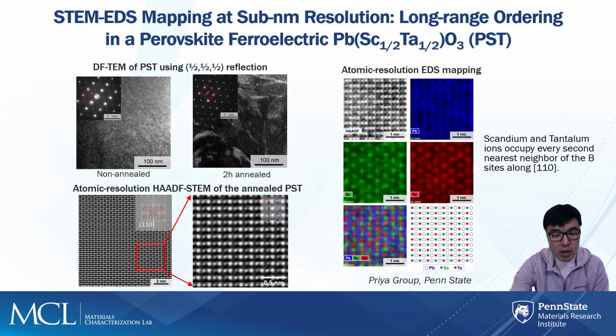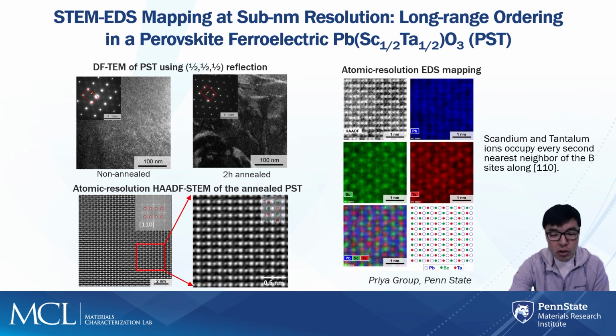By doing atomic resolution STEM, because lead is much heavier, the lead atoms or lead columns will show up in this atomic resolution STEM image much bigger and much brighter. So we know roughly the lead atoms are occupying the A site columns, and the lighter scandium and tantalum atoms are sharing the B site columns. But at this point, we don't really know how they are ordered together.